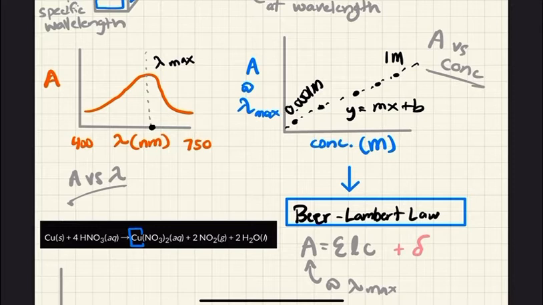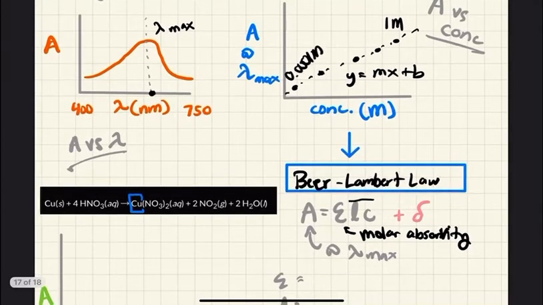That's the common term, but the full name is Beer-Lambert law. The Beer-Lambert law is essentially that absorbance is related to concentration as a function of the molar absorptivity of the compound or ion. So this is the formula that you'll use for the Beer-Lambert law. A equals, you might see it various ways.